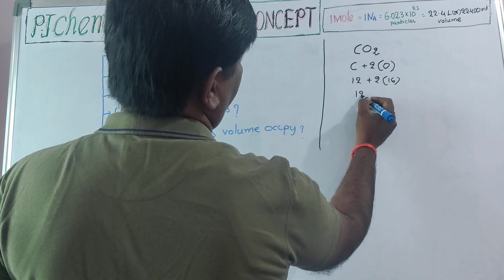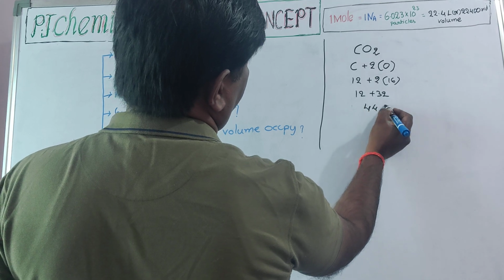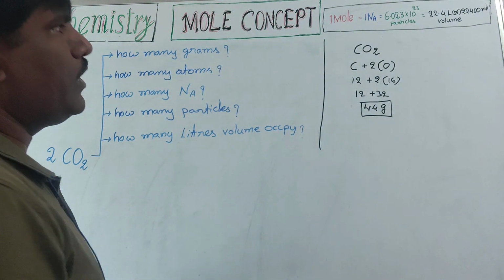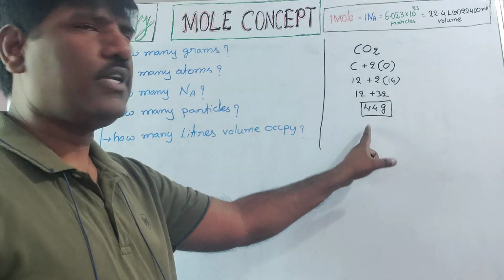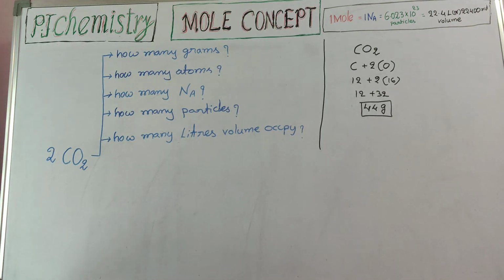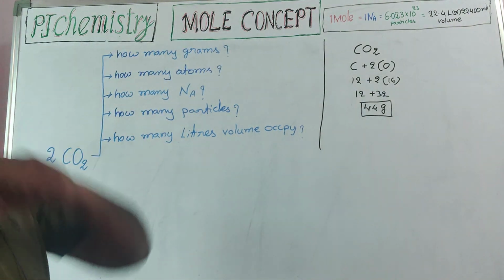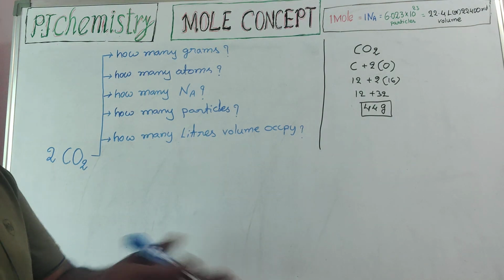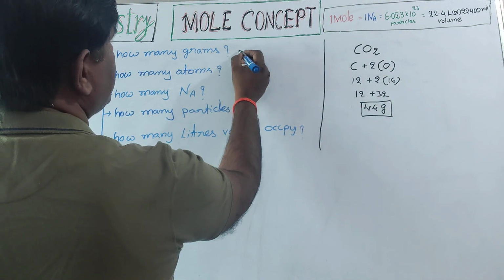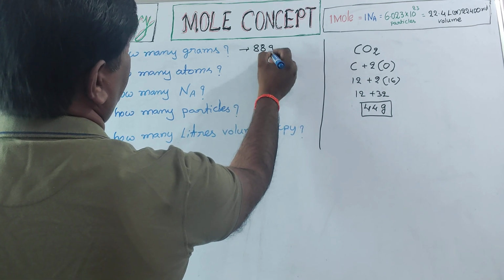Total 12 plus 32, 44. This is the 1 mole value. 1 mole of CO2 contains 44 grams. So 2 moles of CO2 contains 2 into 44, so its answer is 88 grams.